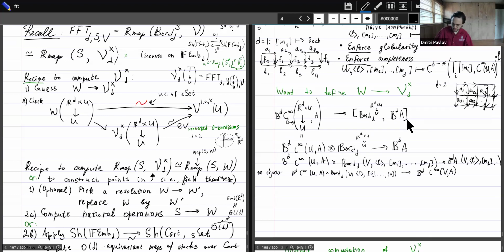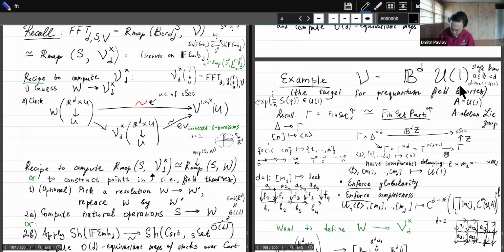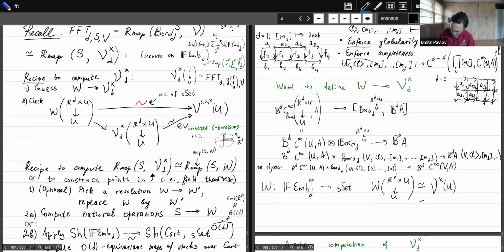So let's recall what we already know about W: W should be a presheaf on the site FEM D, whose value at some object U should be weakly equivalent to V cross evaluated at U, which in our case can be simply computed as a Dold-Kan delooping of smooth functions on U valued in U1.